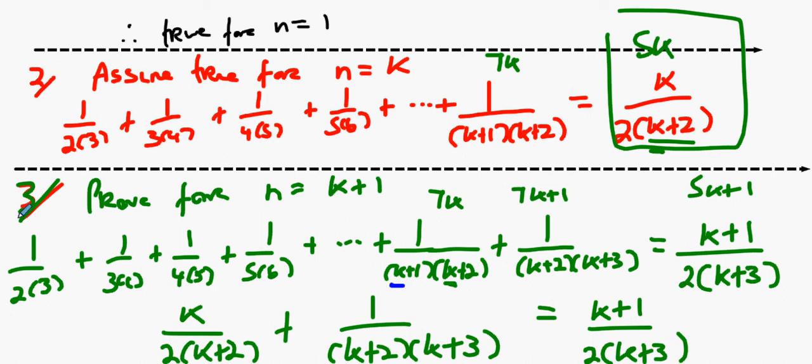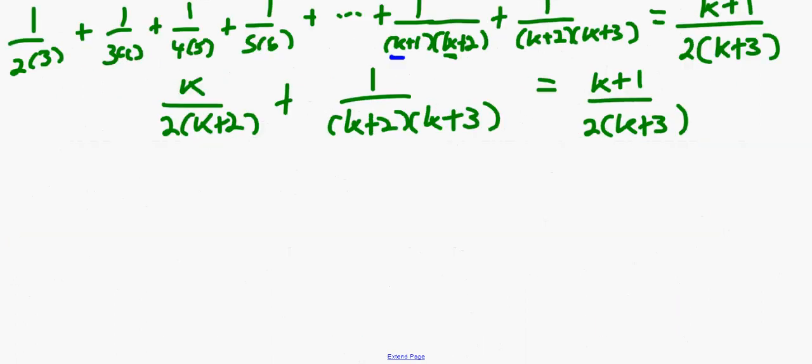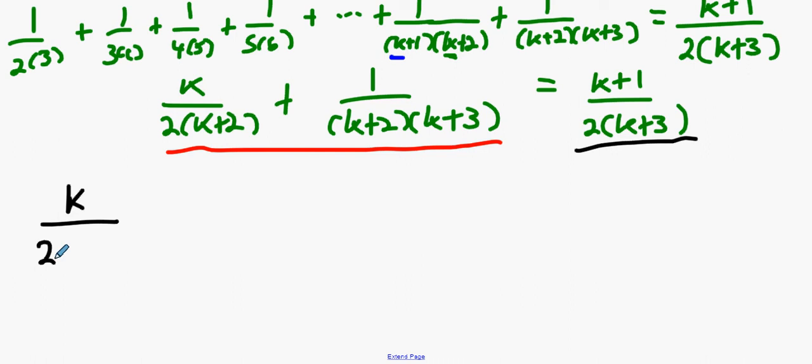Alright. Has anybody any idea how to turn the left part underlined in red into the right part underlined in black? What would be a good way of starting this off? Common denominator might be a good start off. So what do I need to put on both sides?